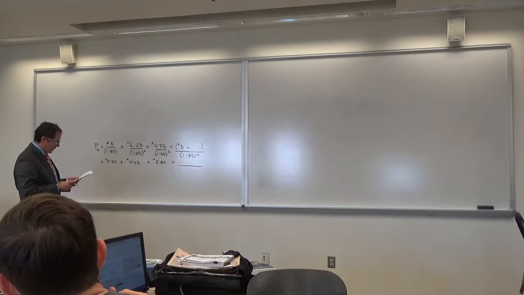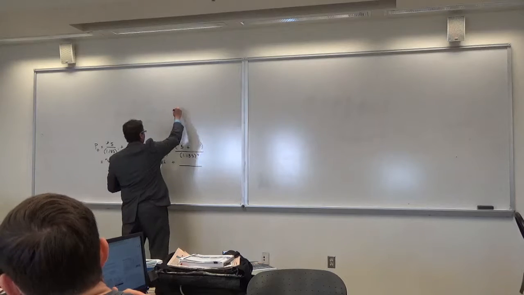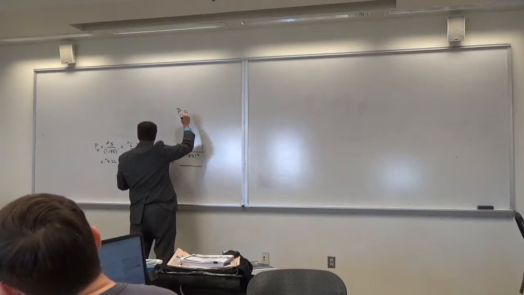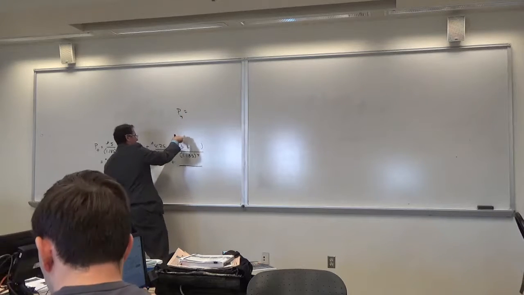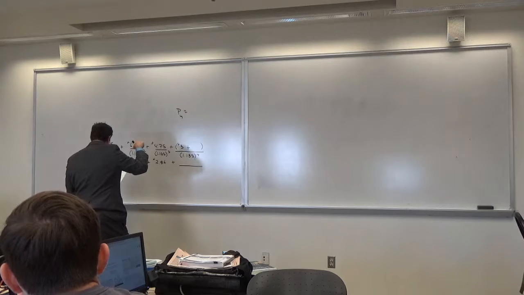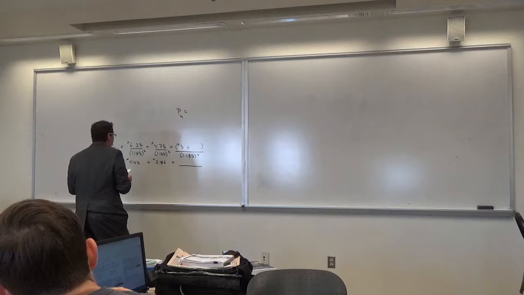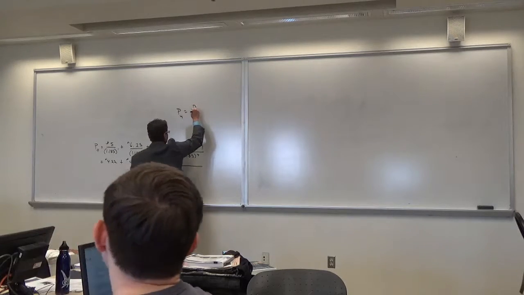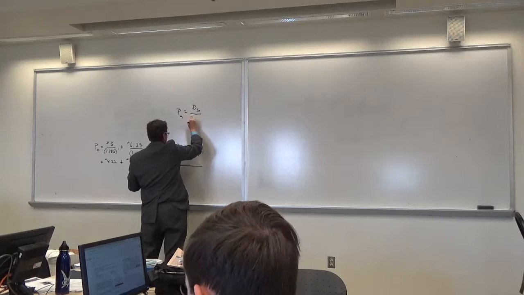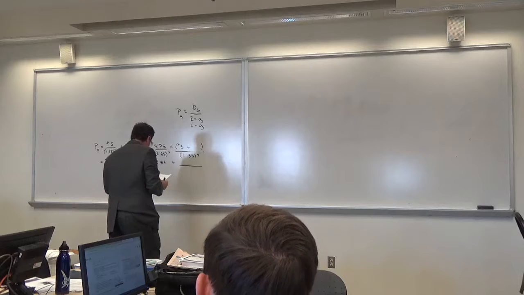Okay, so we know we're going to get the price for the terminal value for year 4. So P4 is D5 divided by R minus G or I minus G. Okay, so we're going to get that calculation.